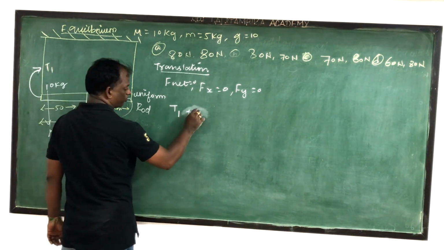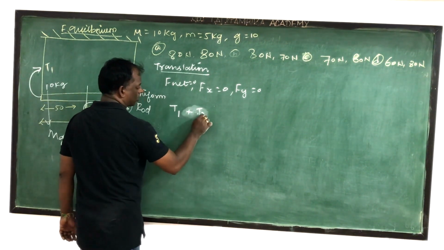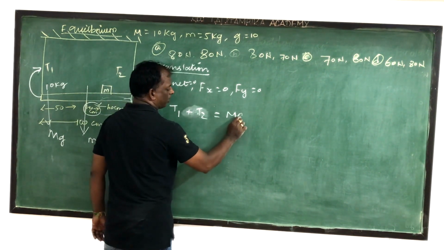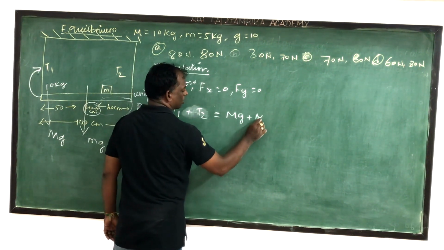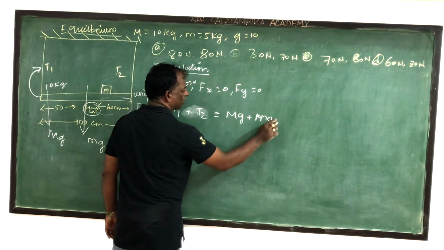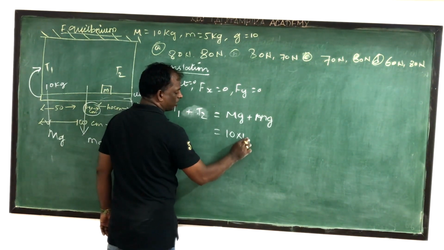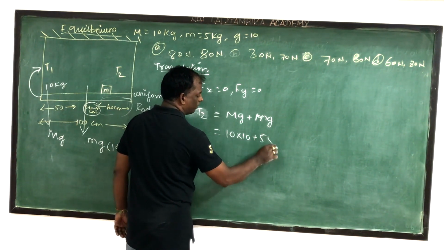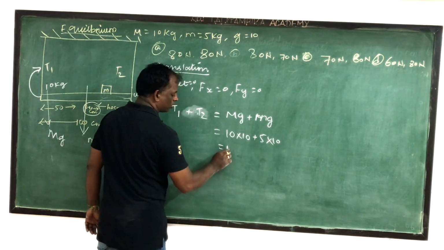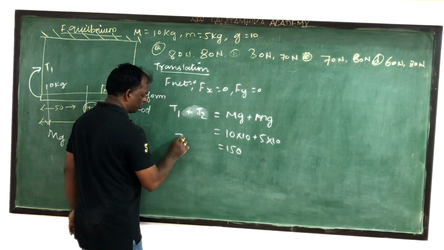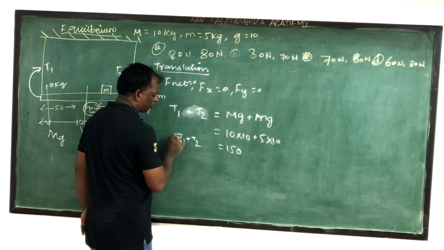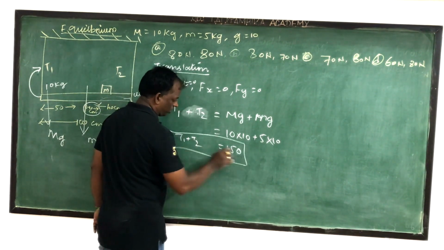T1 plus T2 is equal to capital Mg plus small mg, which is equal to capital M into g value 10 plus 5 into 10, which is equal to 150. T1 plus T2 is equal to 150.